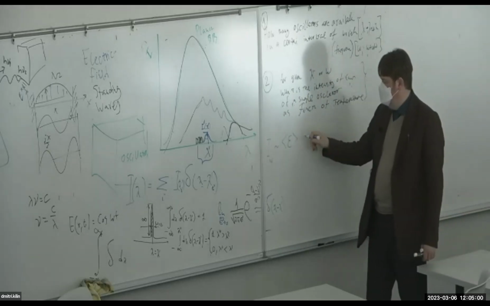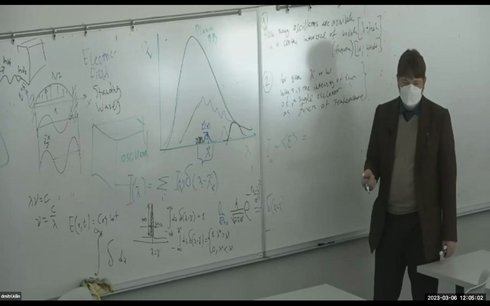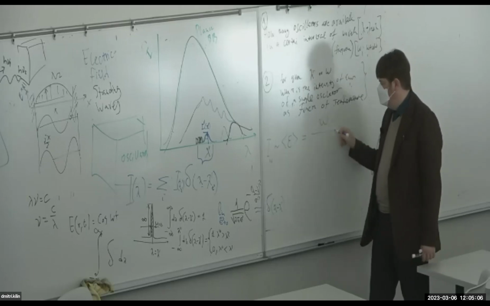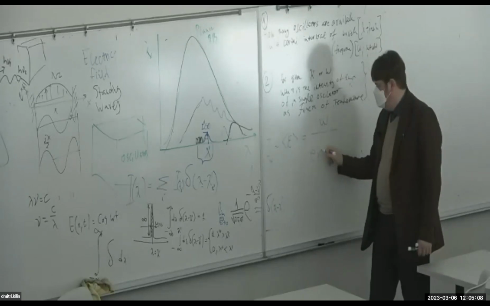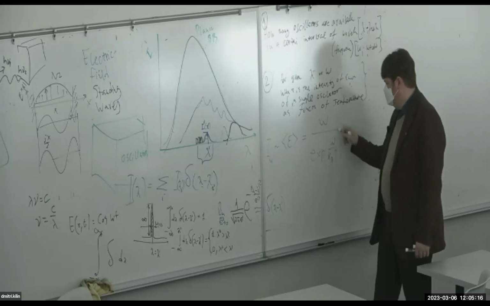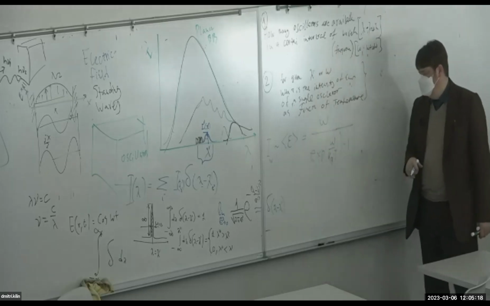And by using the statistical mechanics concept of partition function, we got that it will be frequency divided by exponential of frequency divided by Boltzmann constant times temperature, minus 1.